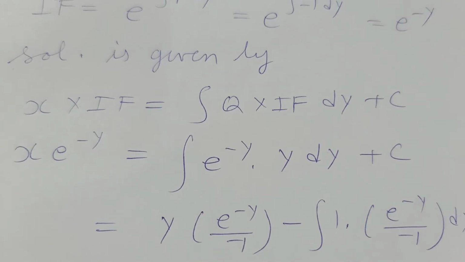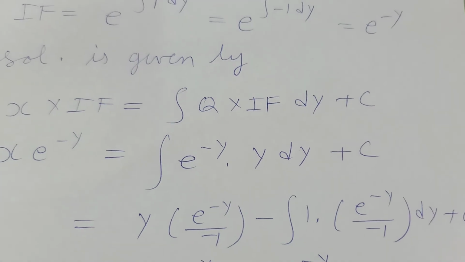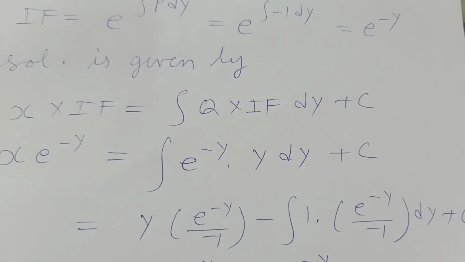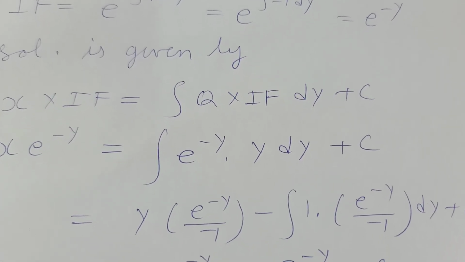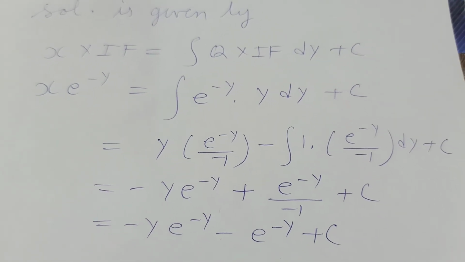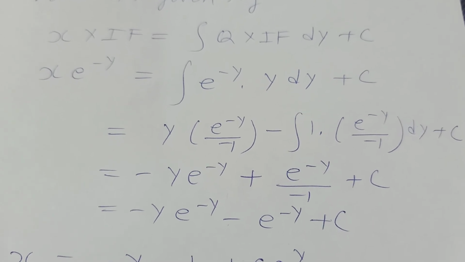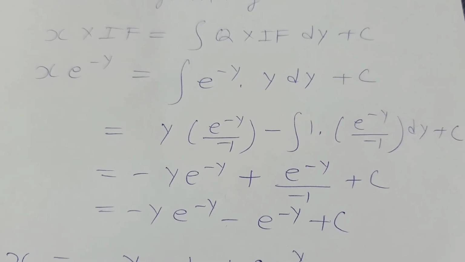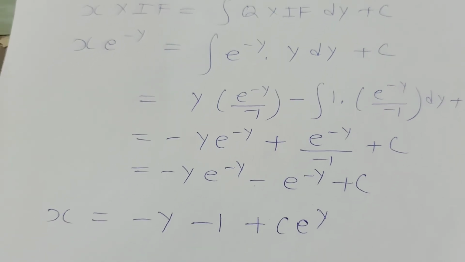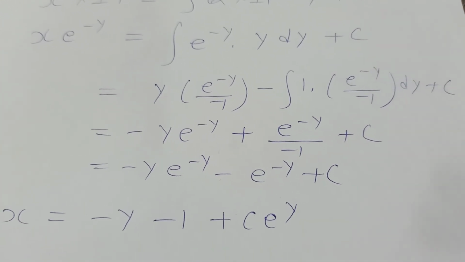In the integral on the RHS, we will use integration by parts, taking y as the first function and e raised to -y as the second function, and applying the formula. So finally, you will get x e raised to -y equal to -y e raised to -y minus e raised to -y plus c, that is x equal to -y minus 1 plus c e raised to y.